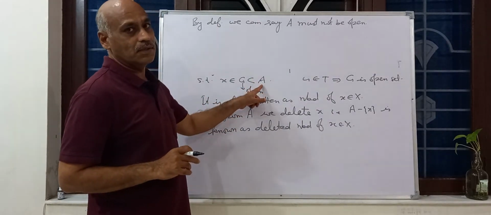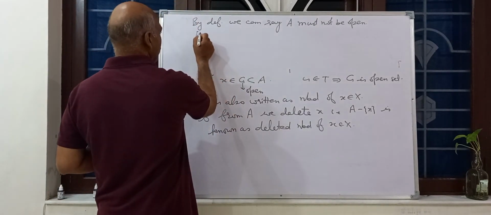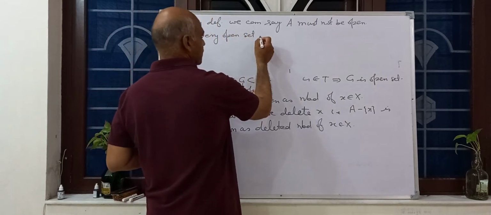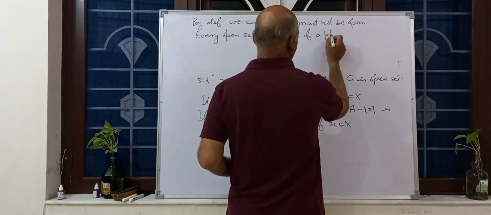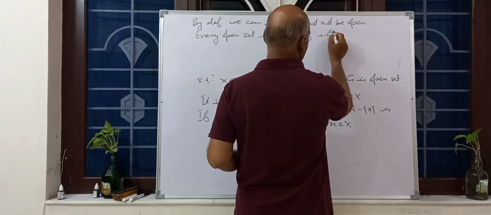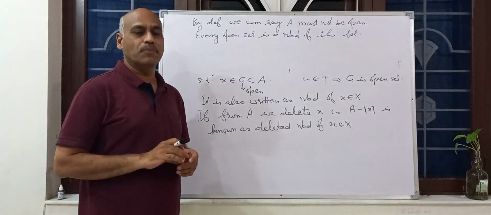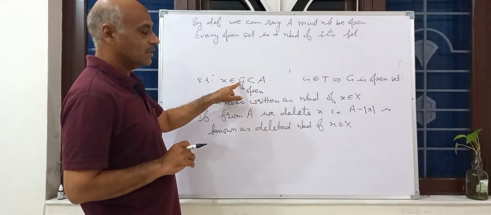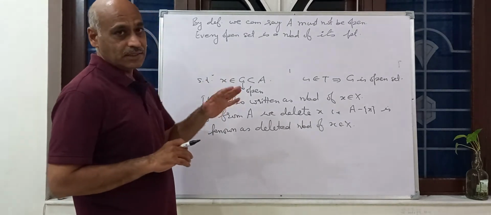But every open set is a neighborhood of its points. Suppose this is an open set G, then it is a neighborhood of its points. x belongs to G. So every open set is a neighborhood of its points.